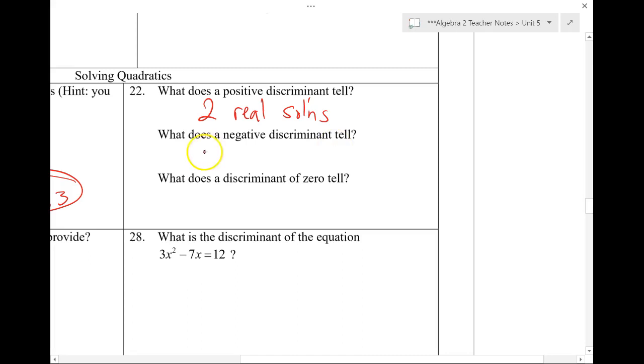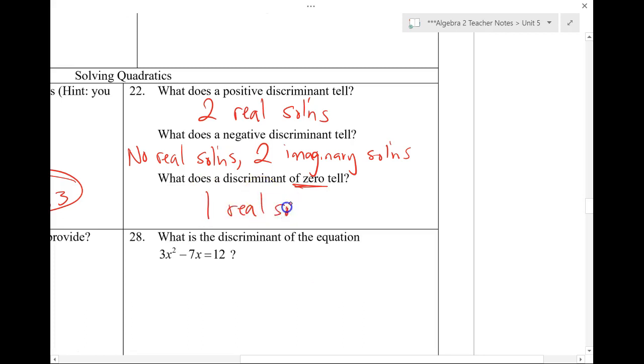Negative tells us we're going to have no real solutions, but we will have 2 imaginary solutions. Okay, then what does a discriminant of 0 tell us? Well, a discriminant of 0 is just telling us that we only have 1 real solution.